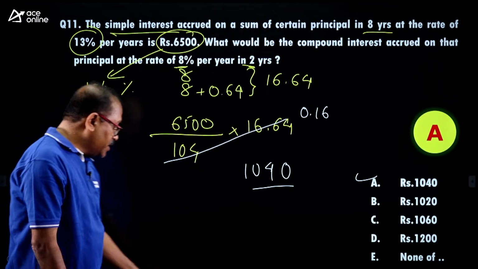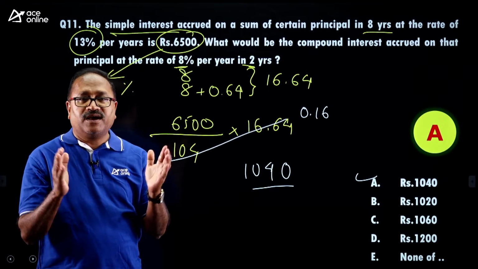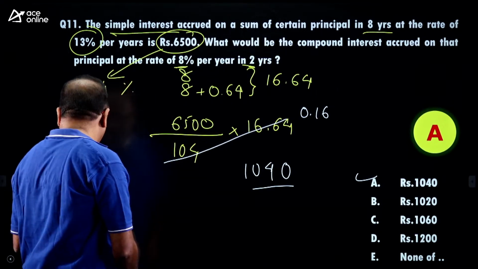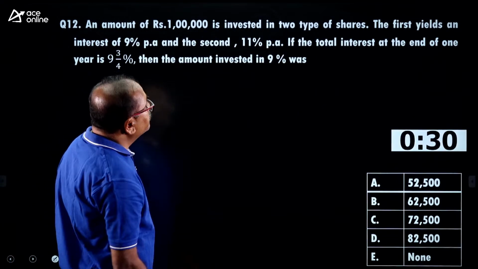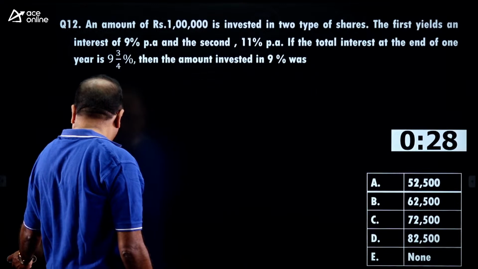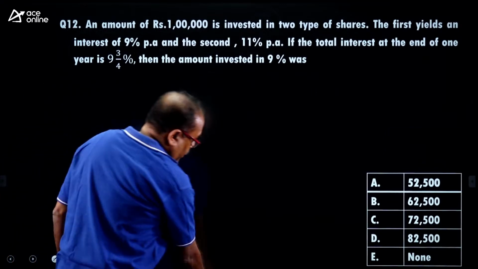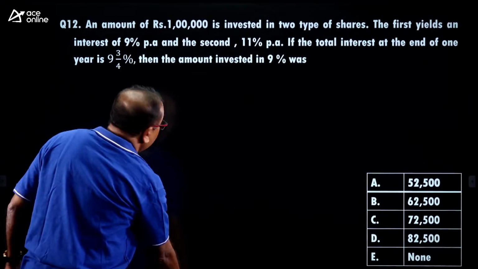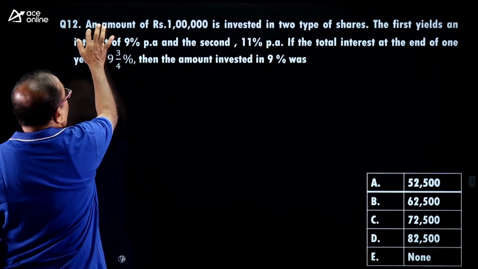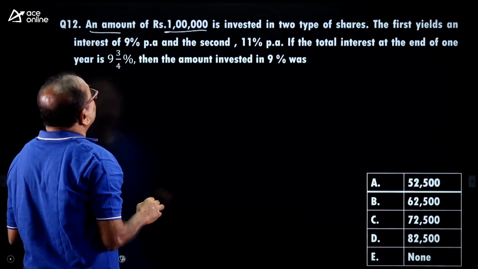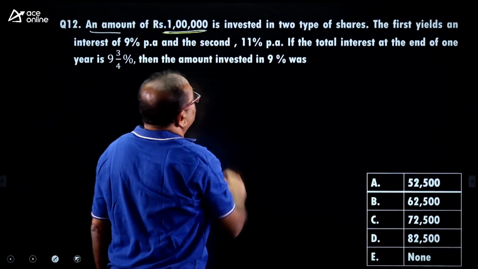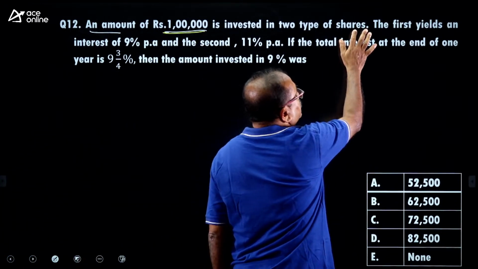Now, here is your last question of the day of this class. Okay, let us read the question and then we will discuss this one. An amount of rupees 1 lakh is invested in two types of shares.